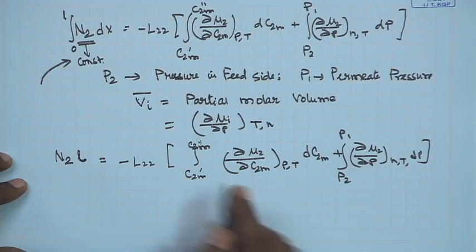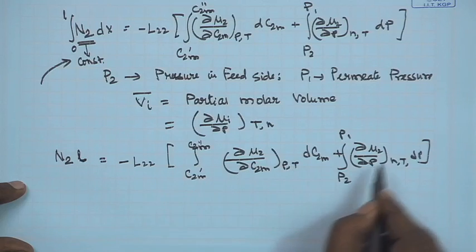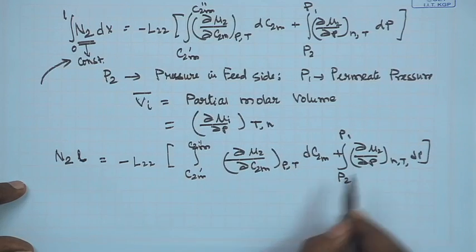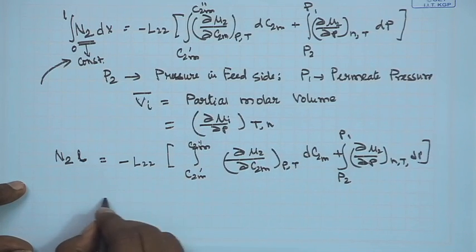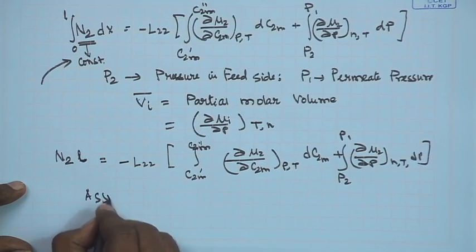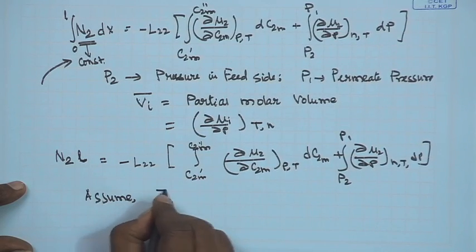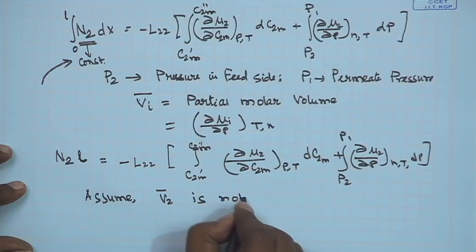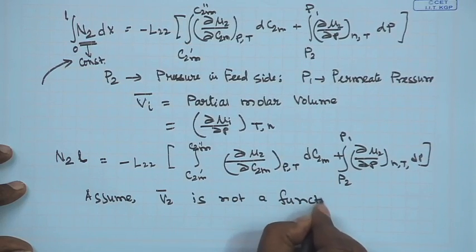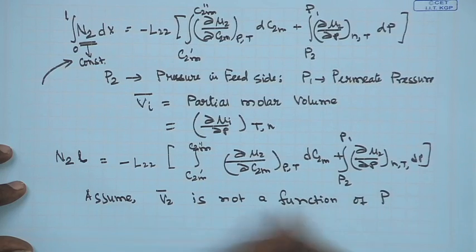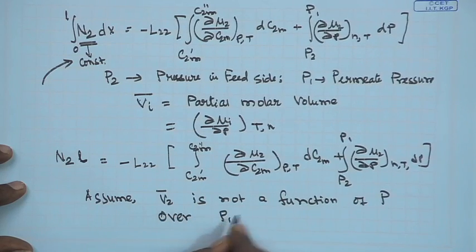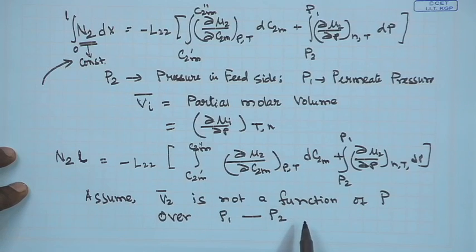Then we substitute the definition of partial molar volume, V_2 bar equal to del mu_2 del p, and we assume that V_2 bar, the solvent partial molar volume, is not a function of pressure and is constant over the pressure range P_1 to P_2 that we are considering.